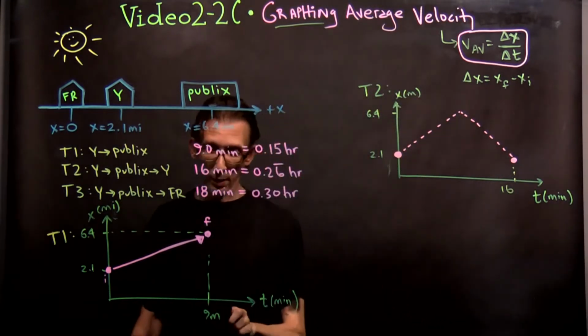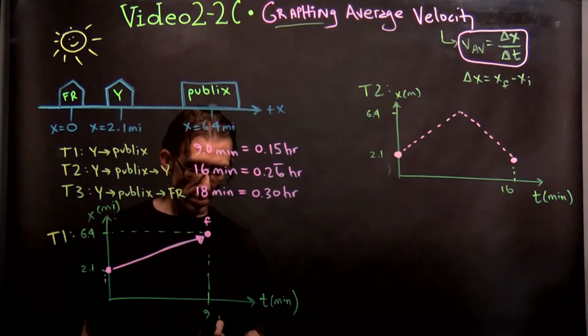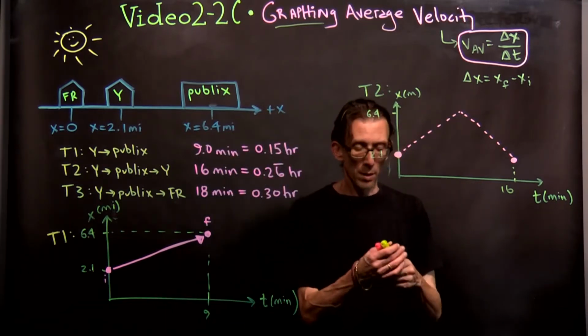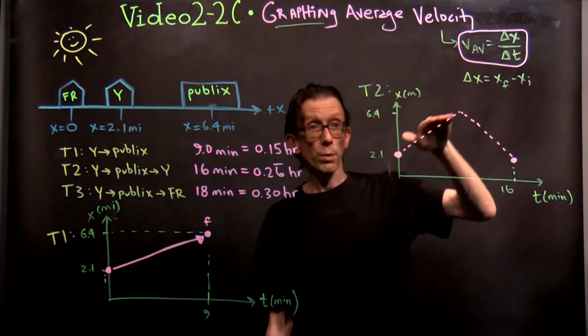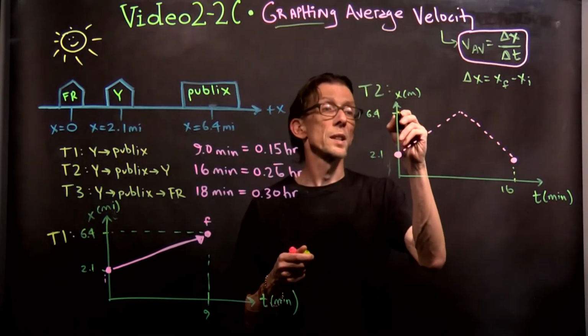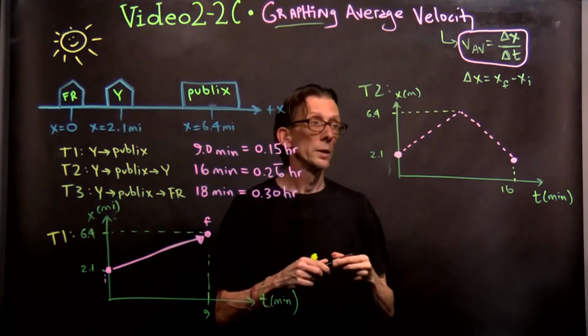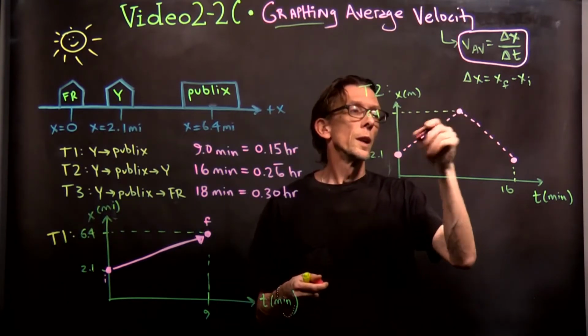I'm going to erase this because it looks like 9 meters and that's wrong. Okay. So you went toward Publix, and then you got to Publix at 6.4 miles. Then you came back.